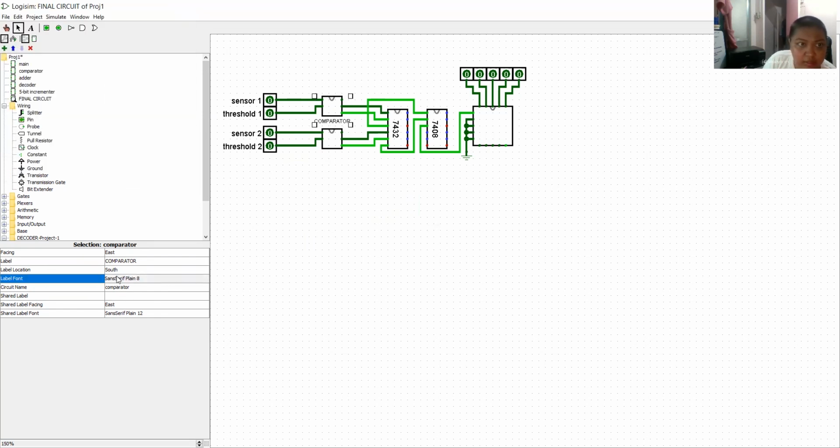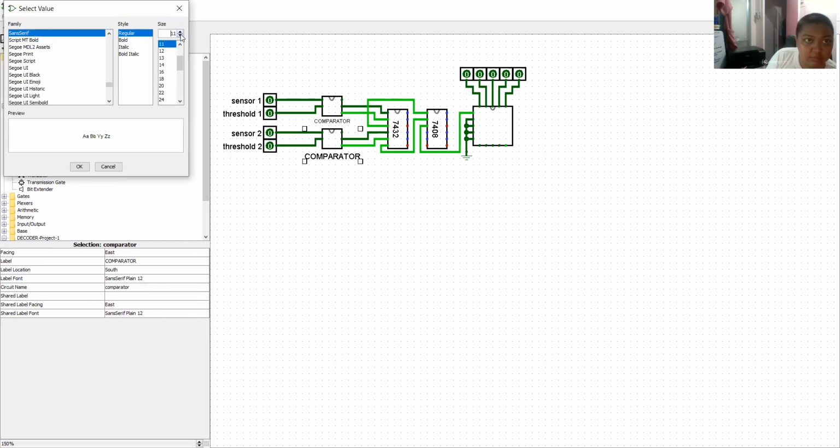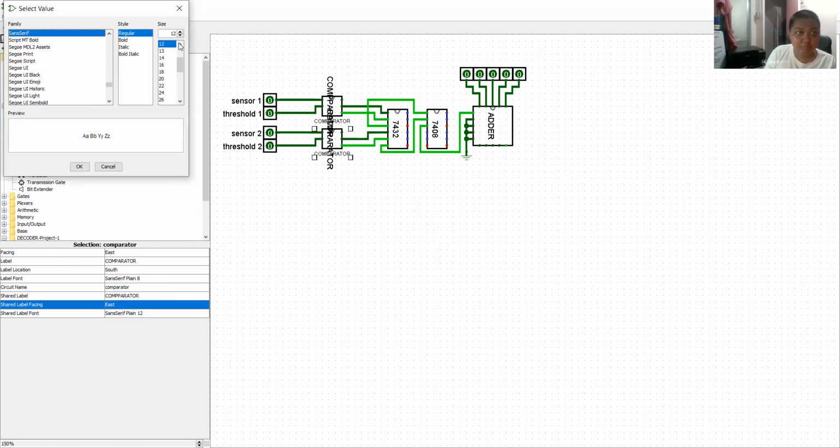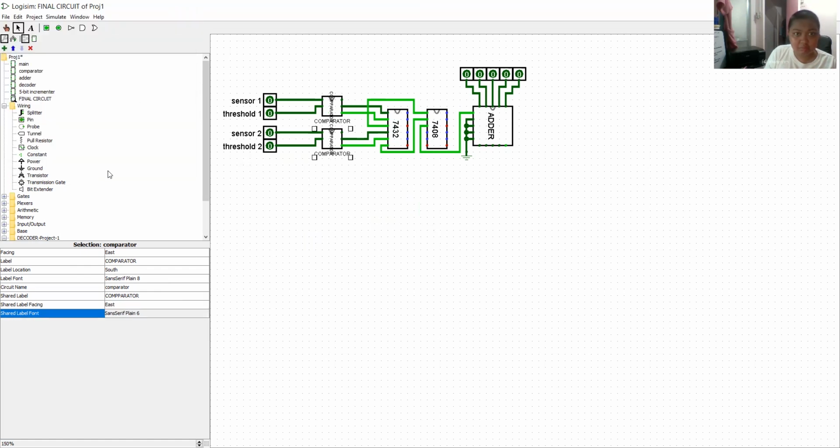Some more paper. Okay, let's use 8. And here let's try.